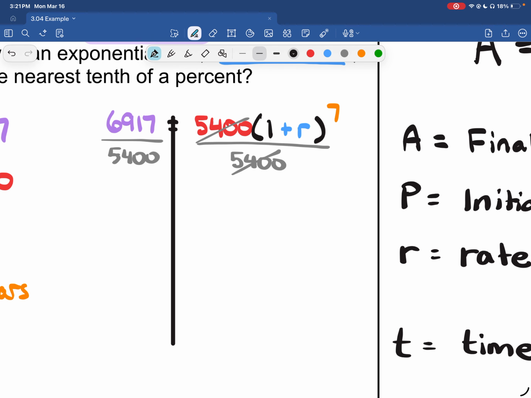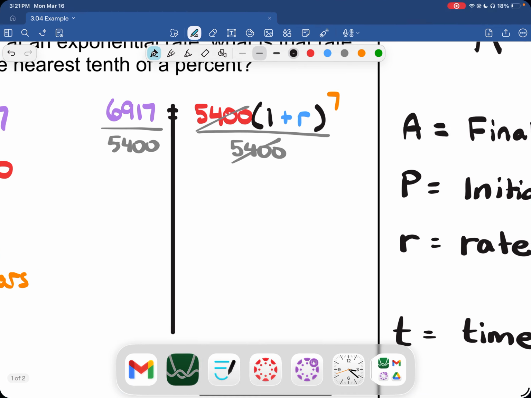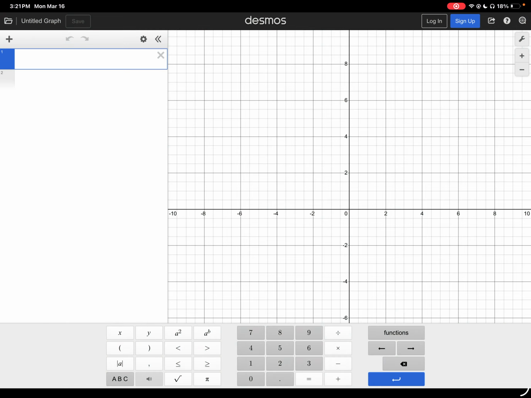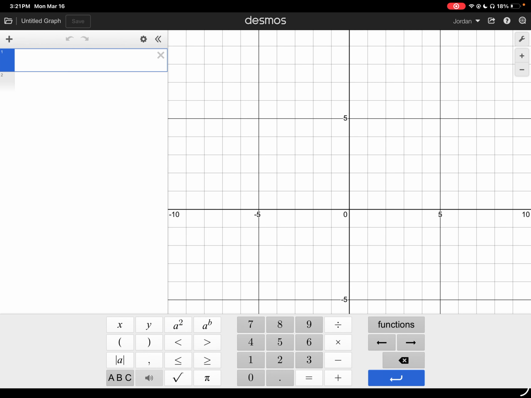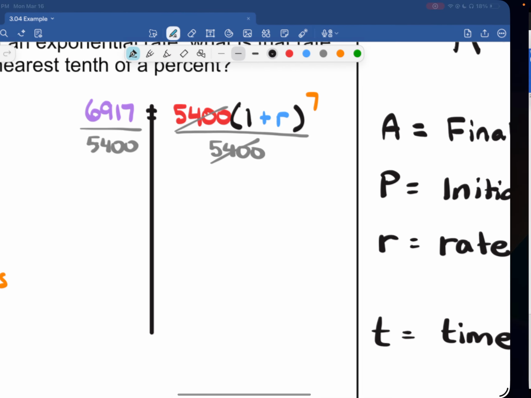Now, here's the thing. This is going to come out to a pretty gross decimal. If I type in 6,917 divided by 5,400, let me put that in presenter mode, 6,917 divided by 5,400 comes out to 1.2809259259. Definitely don't want to write that out all the way. So here's the thing.